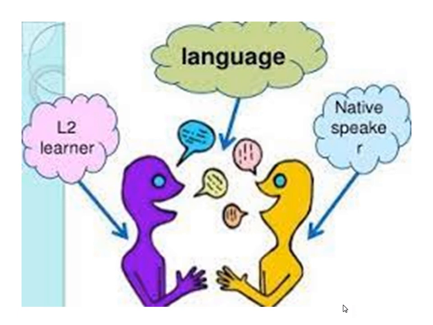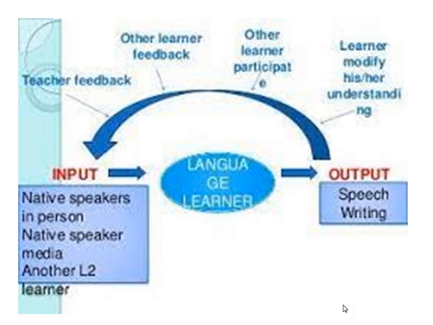Especially for listening, the quick answer is that through interaction we can get input. Through interaction we can get input. Interaction with whom? You can have interaction with speakers, of course, native speakers in person.